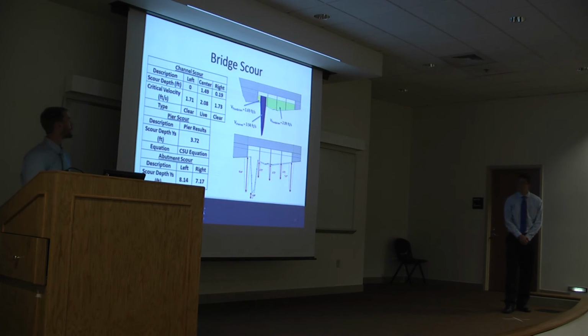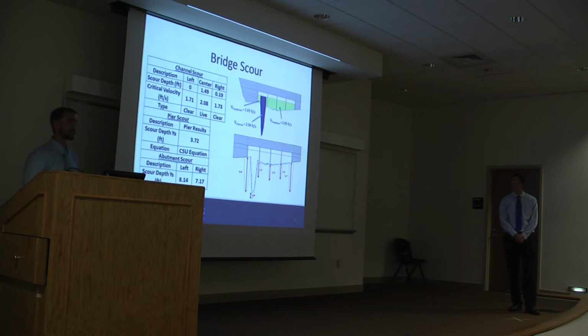That is due to the critical velocity of the scour actually being greater than what the velocity was in that floodplain. And then if you look, the deepest depth of scour occurred in the channel, which is the largest difference between the critical velocity and the velocity of the profile itself.